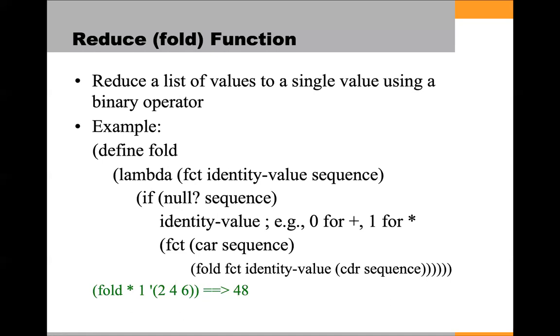So what I do with the reduce function, it takes a function that I am going to apply to a result and the first element in the sequence. So for example, fold for 4 and 6 is going to return 24, and then I'll multiply that result by 2 to get 48.